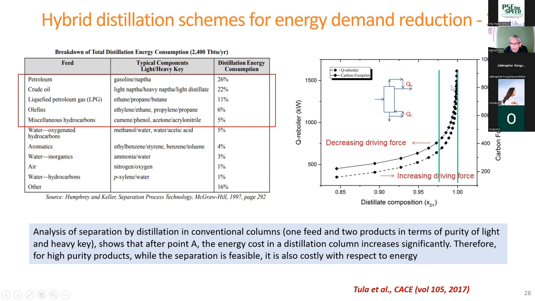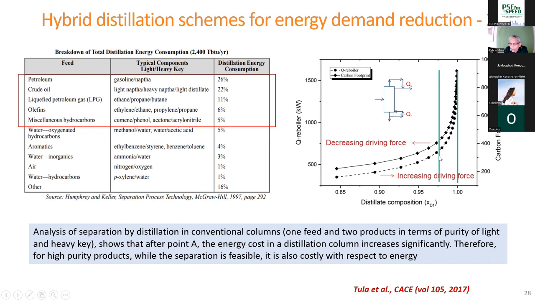So as we go higher in purity, we need more and more energy. If we see that this is one point, and from this point to this point, nearly 80% of the total energy is used to go from here to here. And on the right-hand side, the reboiler duty is converted to carbon footprint. So if we reduce the reboiler duty, we reduce the carbon footprint.